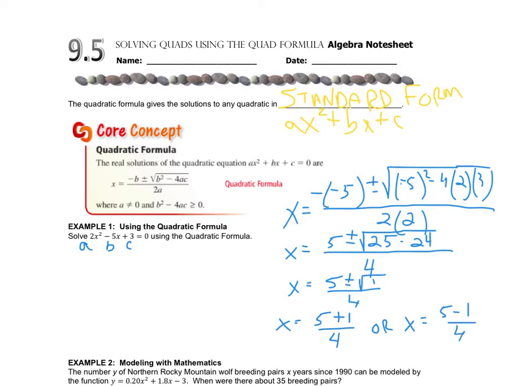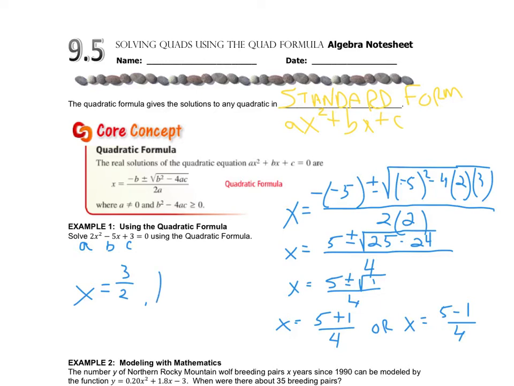So remember, the square root, we're taking the plus and minus of that square root. So 5 plus 1 over 4 means that we would get x is the same thing as 6/4, which I can reduce to 3/2. The other solution, 5 minus 1 is 4, divided by 4 is 1.